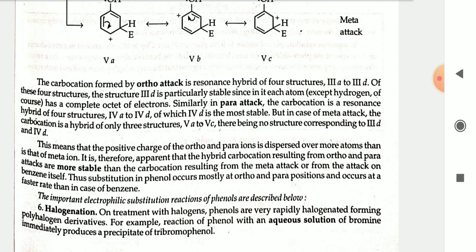Sixth is halogenation. On treatment with halogens, phenols are very rapidly halogenated, forming polyhalogen derivatives. For example, reaction of phenol with an aqueous solution of bromine immediately produces a precipitate of tribromophenol.